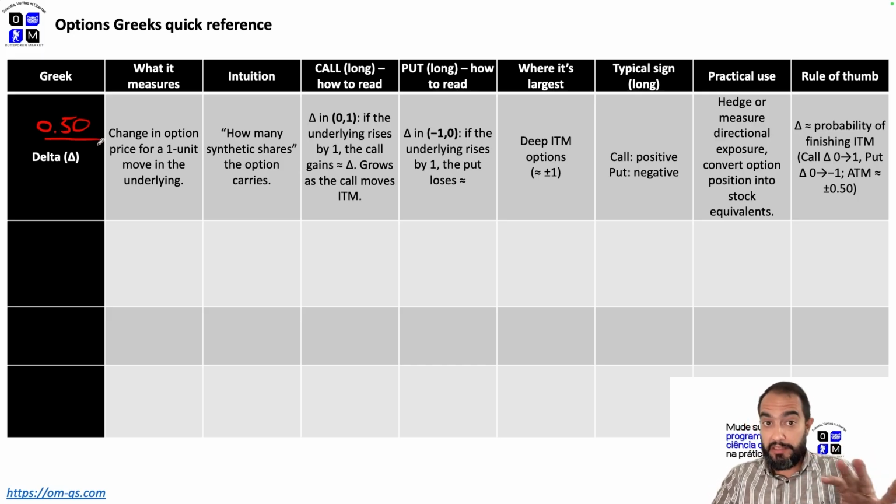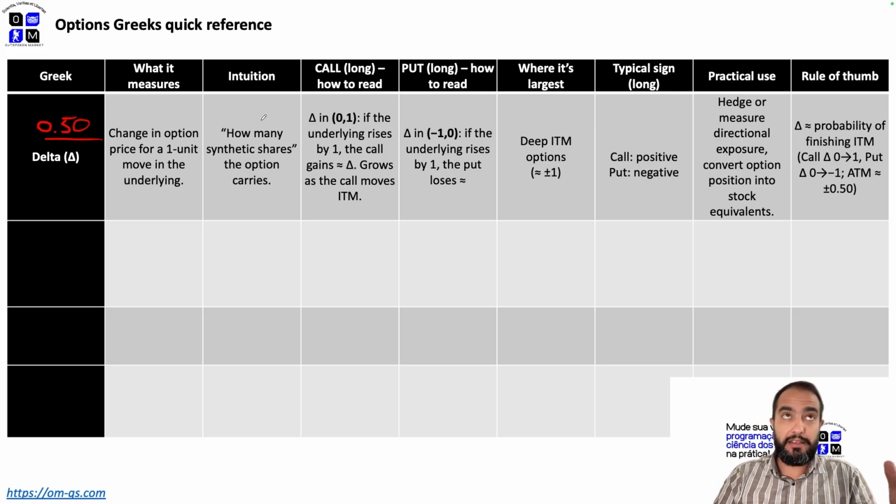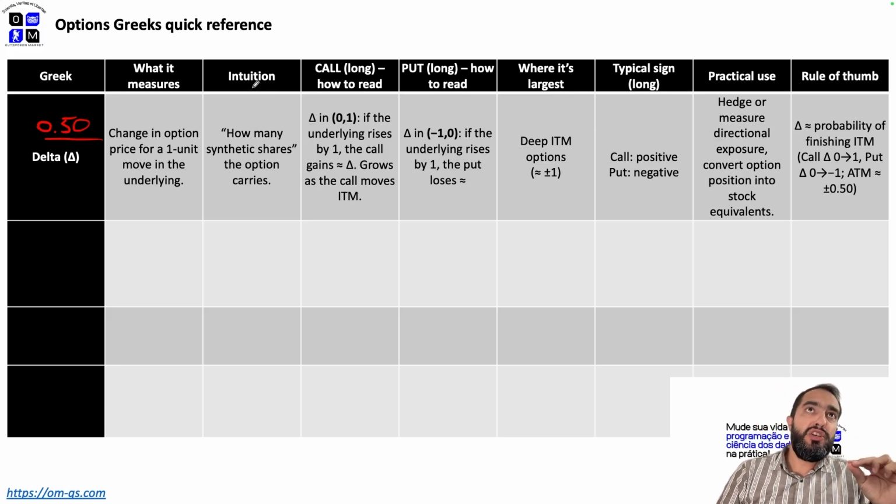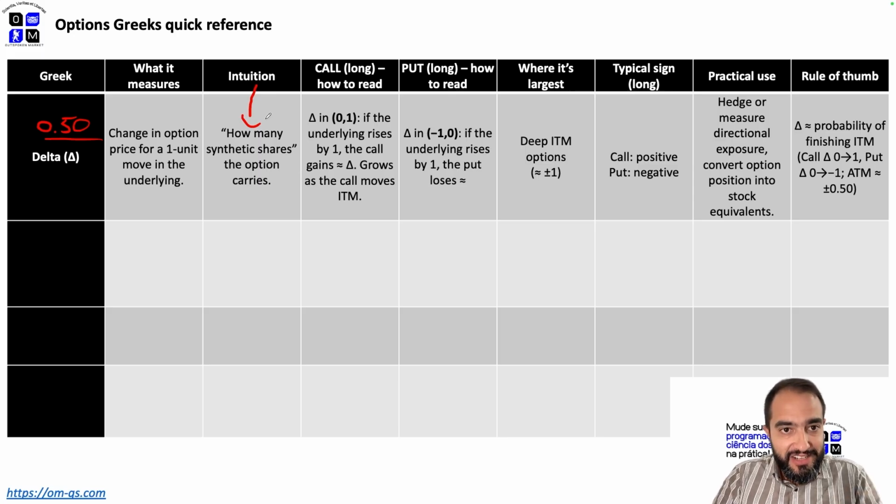Yes, for speculative moves it's amazing, but the opposite may happen as well. You can lose 50% if that is the case. What is the intuition? It's quite simple. It's how many synthetic shares the option carries.